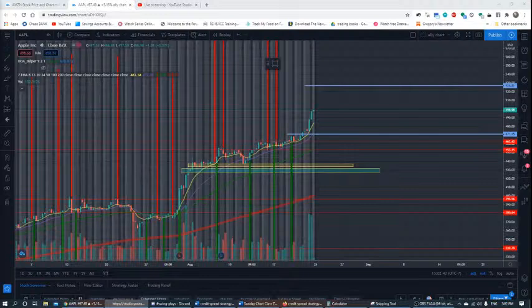What book do I recommend for TA? I have a lot of books I read for TA, but the one I like the most is if you look up Japanese candlestick patterns. There's a book that pops up on Japanese candle patterns. You don't really need to know all the patterns, just a few.